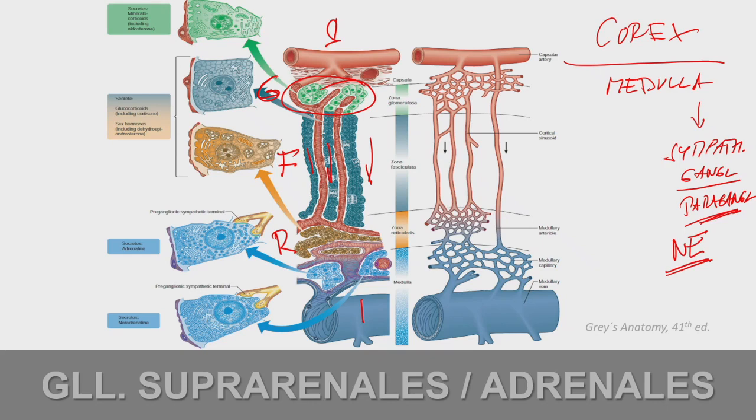Those three zones are cortical, and the blood flow is from outside to inside. The blood is flowing through this and taking several products. We have two retes. One is in zona glomerulosa.